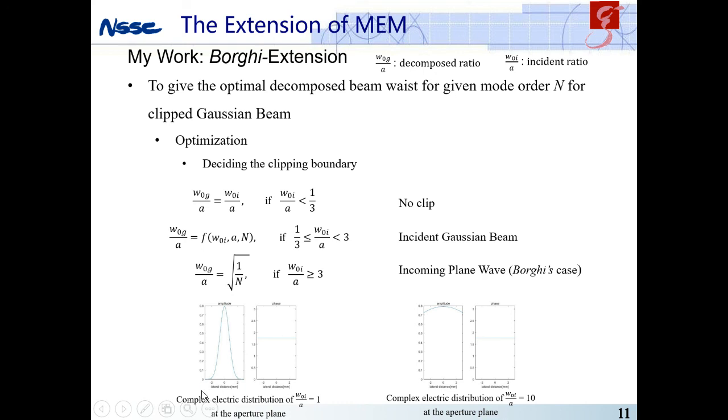Its complex electric field distribution is shown in this picture. The optimal decomposed ratio can be given by a function f, which needs to be found out. And if the incident ratio is larger than 3, the incident beam can be regarded as a plane wave, as shown in this picture. So we can use Bogey's result.